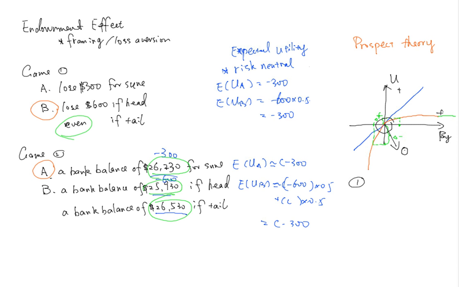That is where framing comes in. We can frame a question in such a way that it affects how you define your endowment. So that is the association of the endowment effect and framing: framing gives you the reference point, or gives you the endowment.